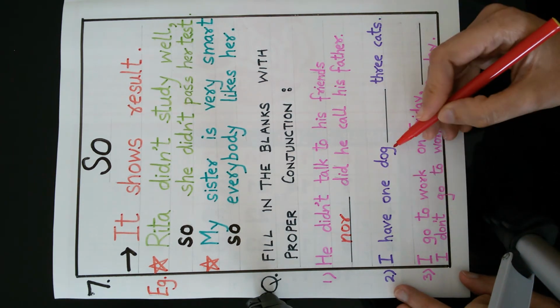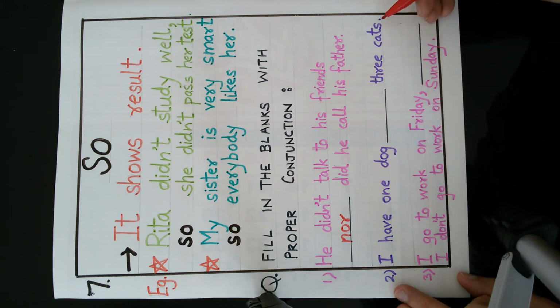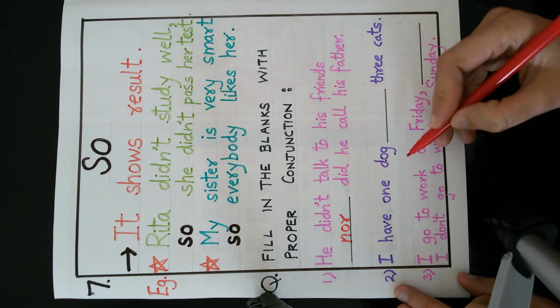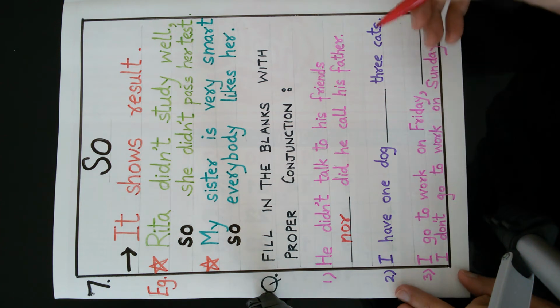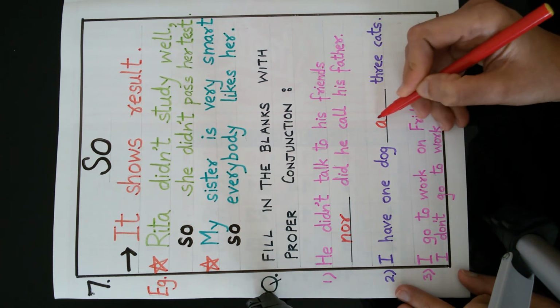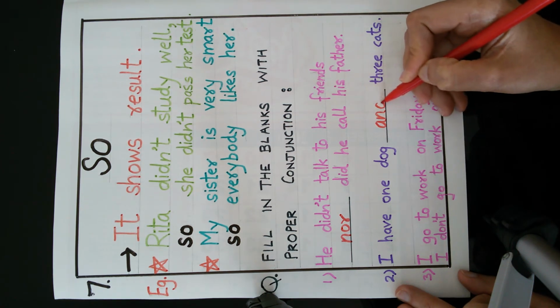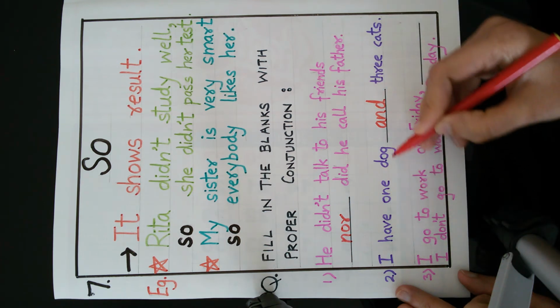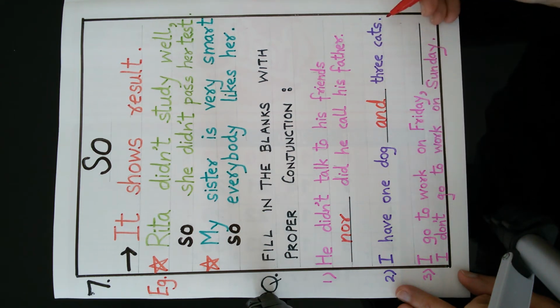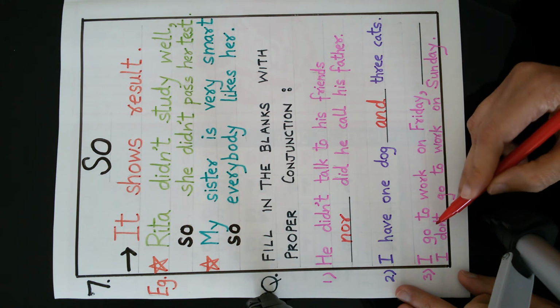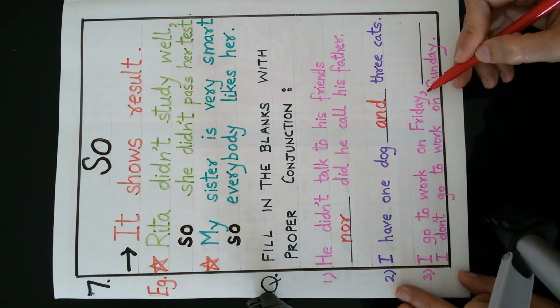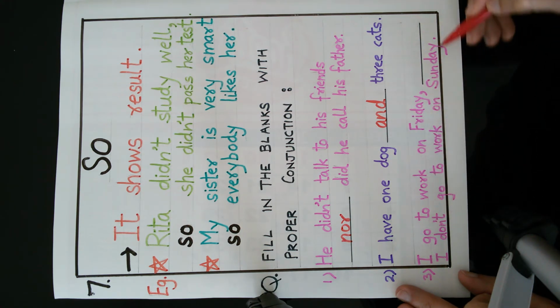I have 1 dog, dash, 3 cats. We can join these 2 phrases by the word and. I have 1 dog and 3 cats. I go to work on Friday, dash, I don't go to work on Sunday.